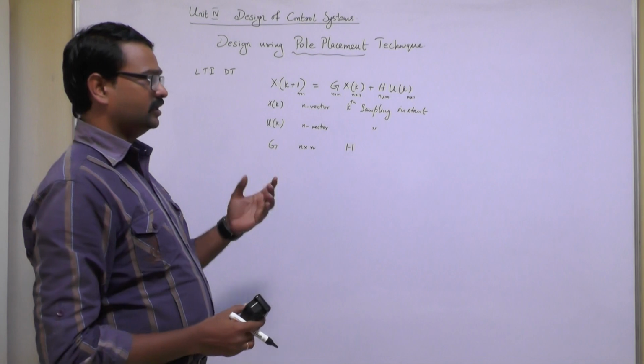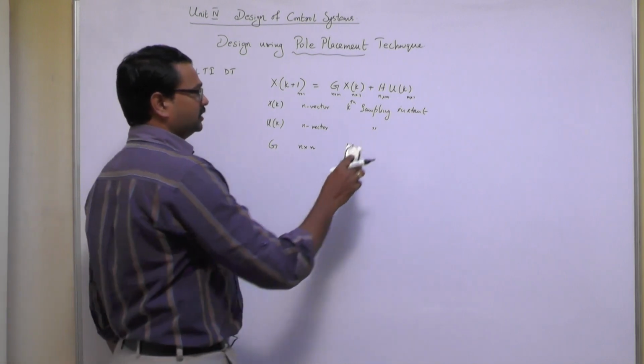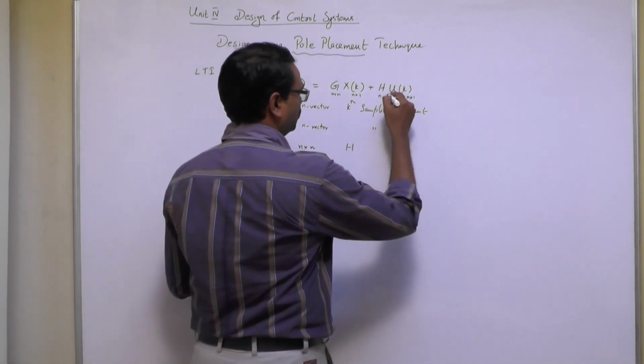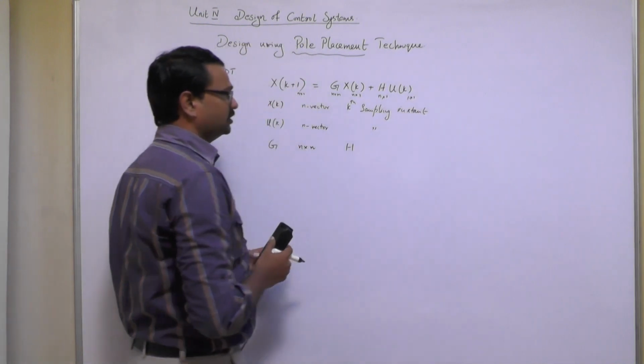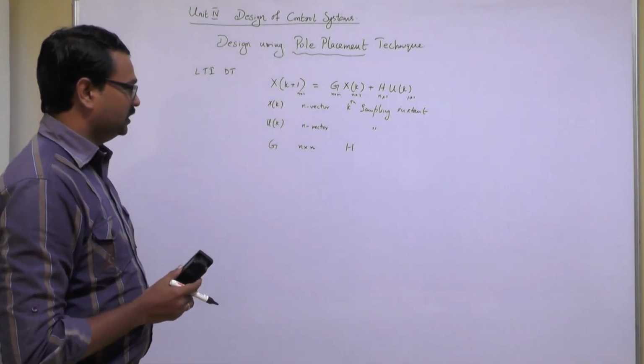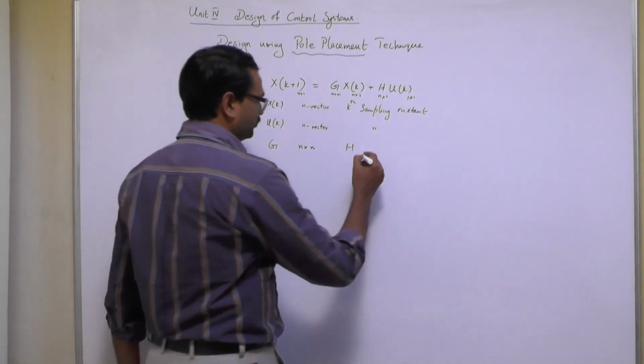Or if you consider u of k to be a scalar, it can be treated as 1 by 1, so h is an n by 1 vector.